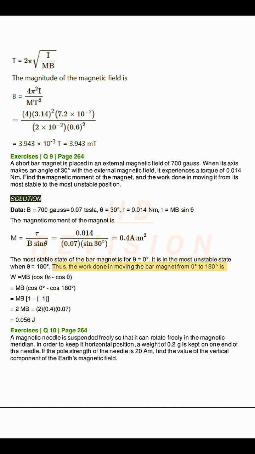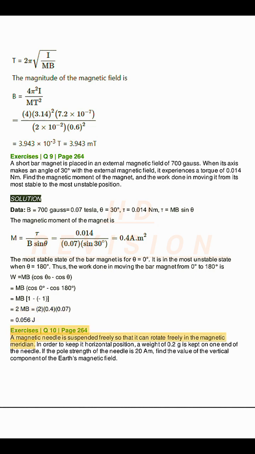Thus, the work done in moving the bar magnet from 0 degrees to 180 degrees is W equals mB (cos theta 0 − cos theta), equals mB (cos 0 degrees − cos 180 degrees), equals mB (1 + 1), equals 2mB, equals 2 × 0.4 × 0.07, equals 0.056 J.